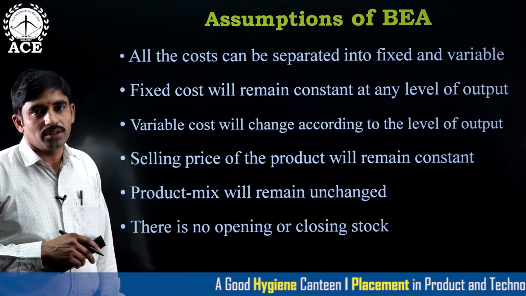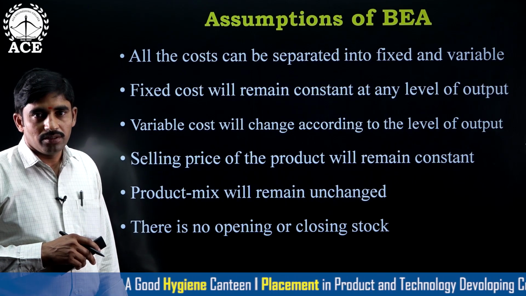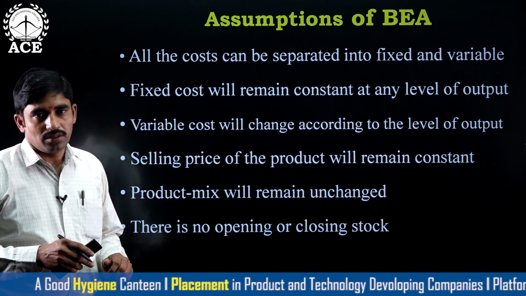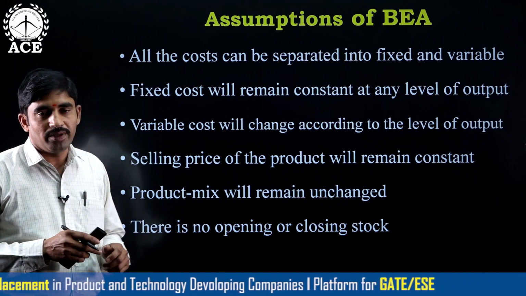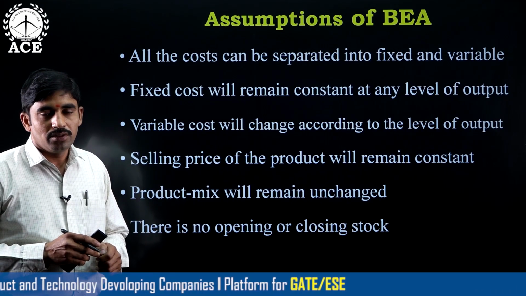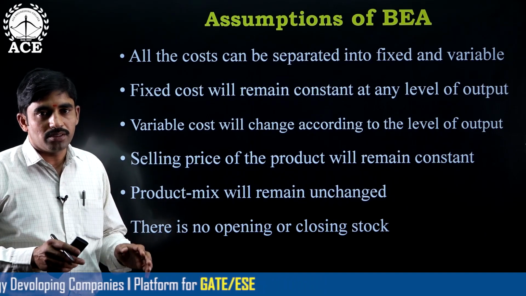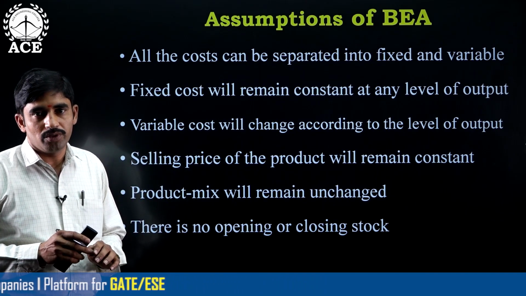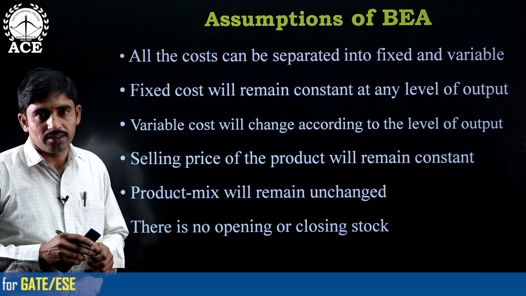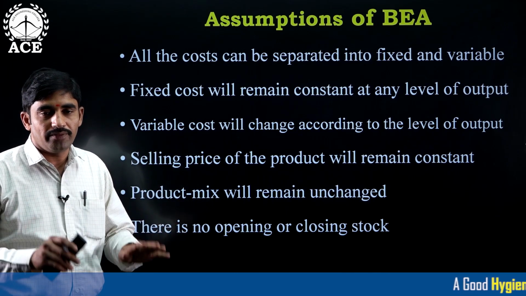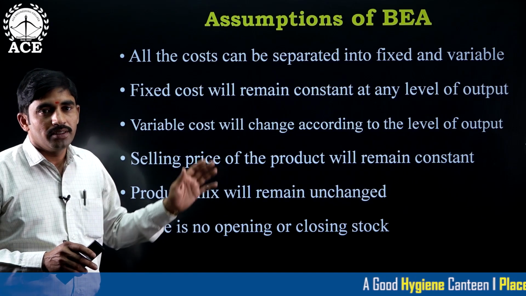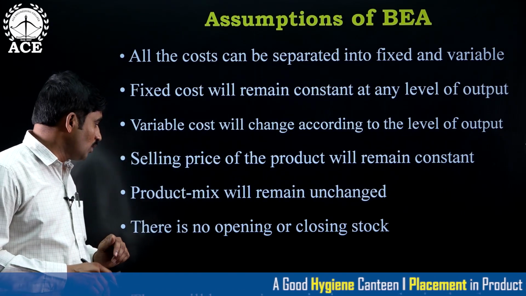This is a very important assumption of break-even point. Whatever products or units we are producing during the period in which the break-even point is calculated, there is no closing stock, meaning whatever products we have produced must be sold in the market. If any stock is left in the business during that period, the break-even point does not hold good.